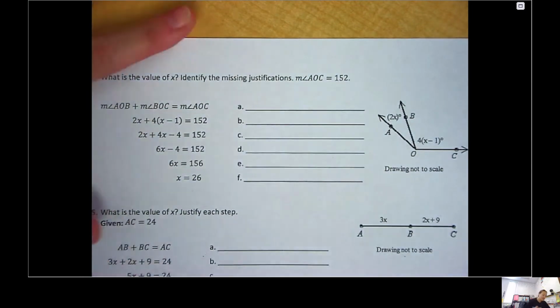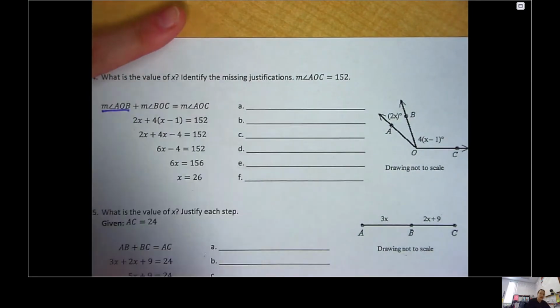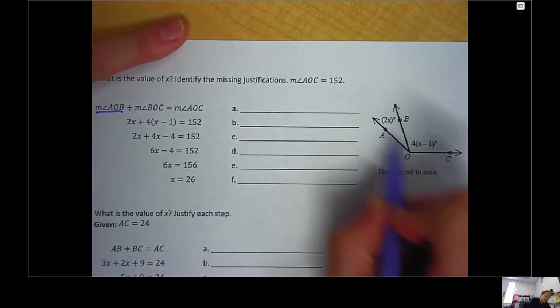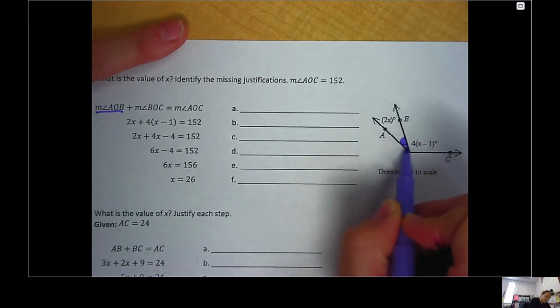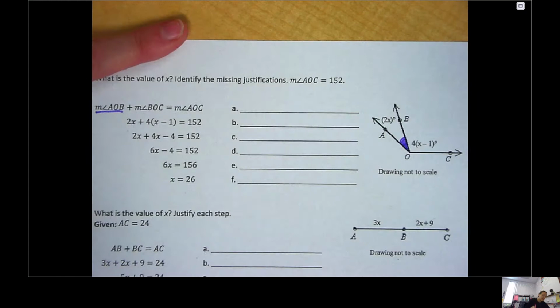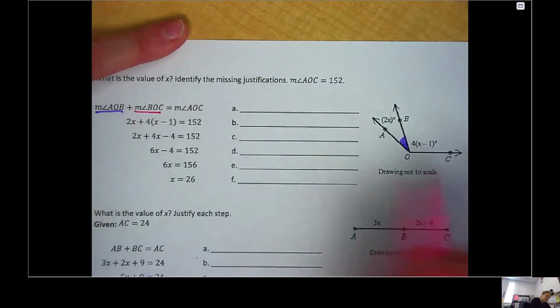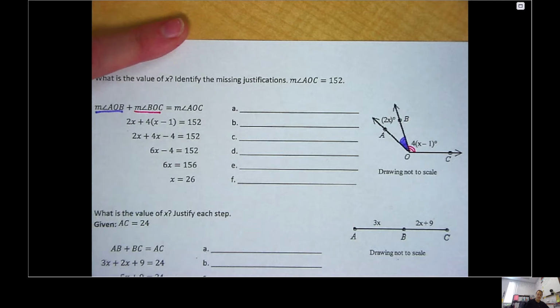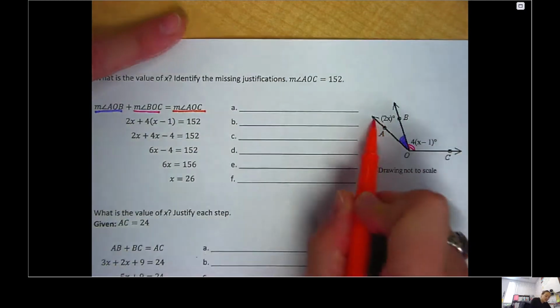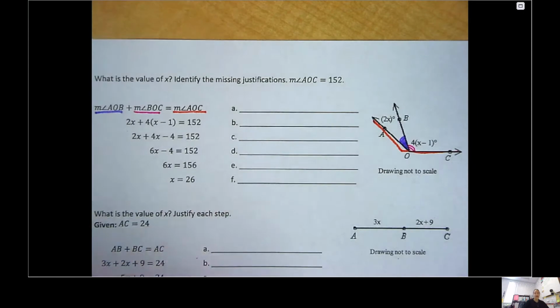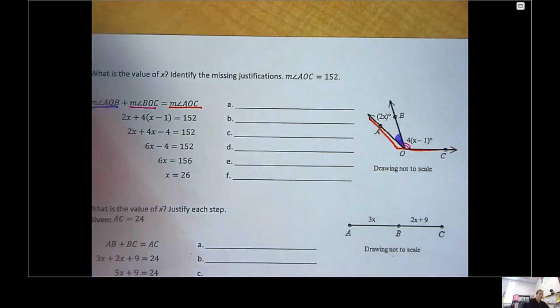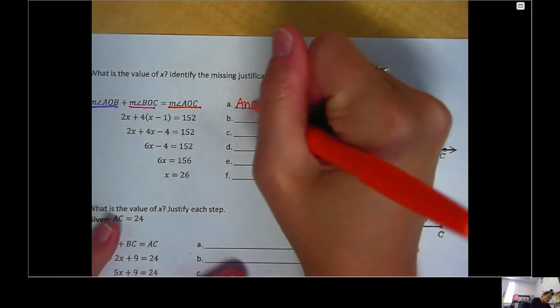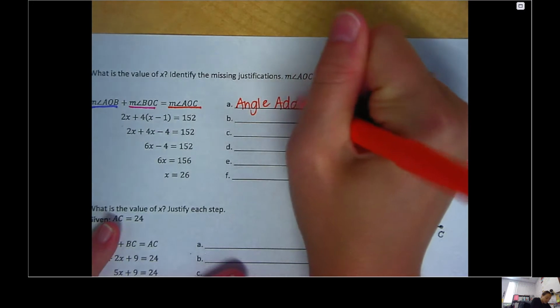My first part says, if you take the measure of angle AOB, that's this angle right here, and you add it together with the measure of angle BOC, that's this one right here, you should get the whole thing, angle AOC. Well, when you add the two pieces of the angle together, that's the angle addition postulate.